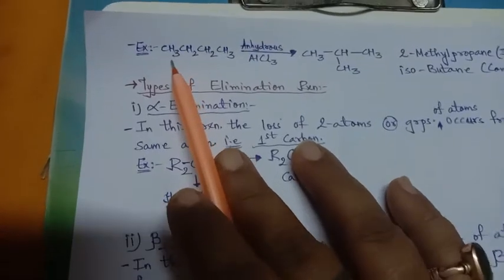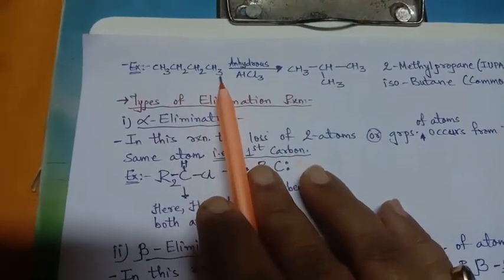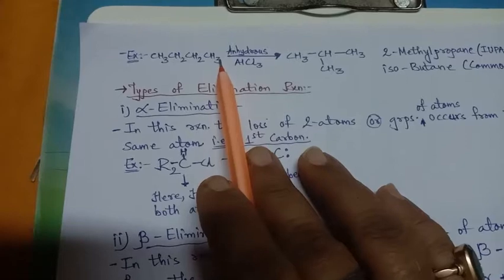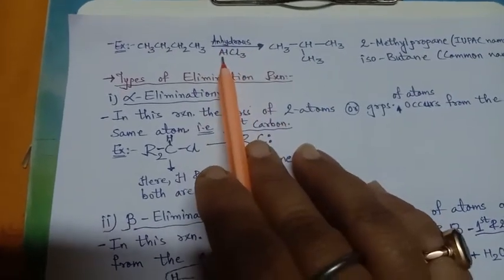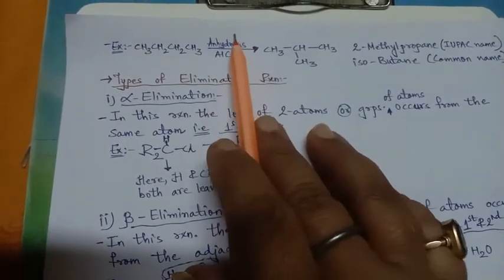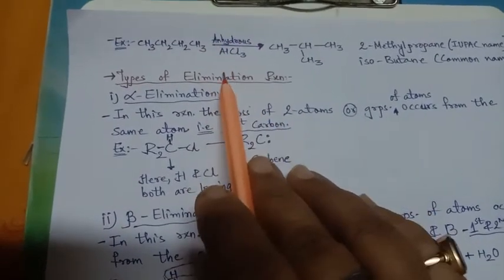So here is an example: CH3, CH2, CH2, CH3, 1, 2, 3, 4, right? So it is butane. It is reacted with anhydrous aluminum chloride. Anhydrous means there is no presence of any moisture in it.